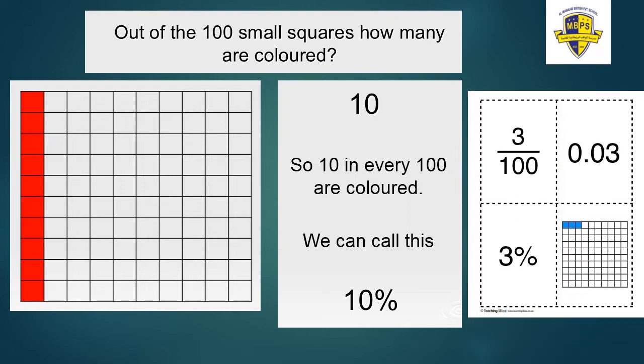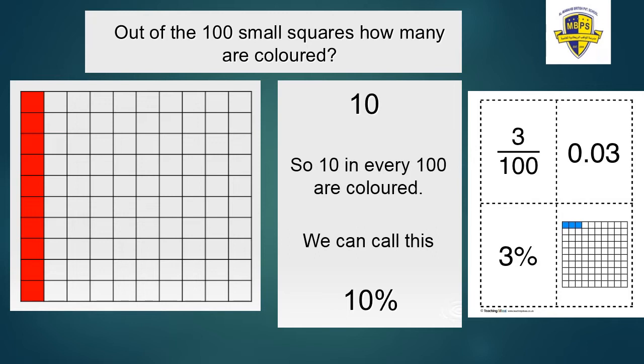So now grade 5, we know that we can write this as a fraction, as a decimal, as a percent, and also we can draw it like a shape. Look here at 3 out of 100. Look first at the shape. We have only 3 squares that are blue. So this is 3 out of 100 as a fraction.